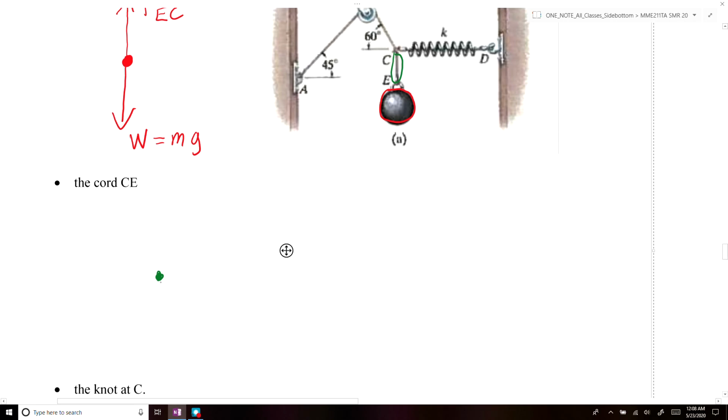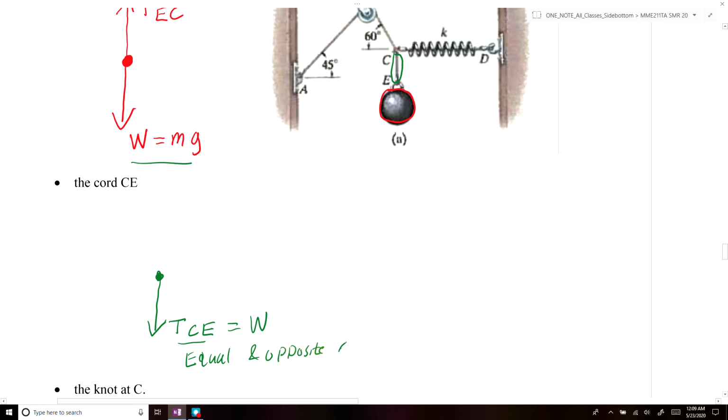So there's going to be a tensile force that goes from point C to point E, and we know that this is the equal and opposite reaction force from TEC.